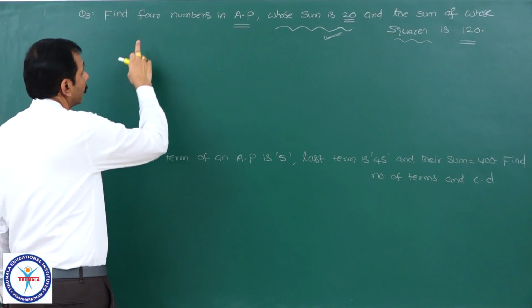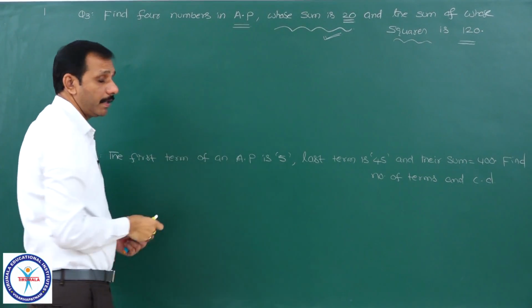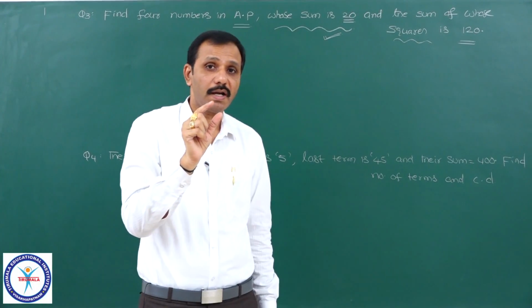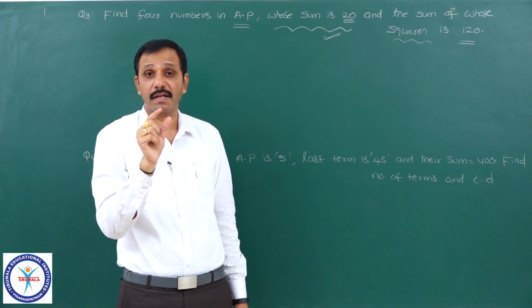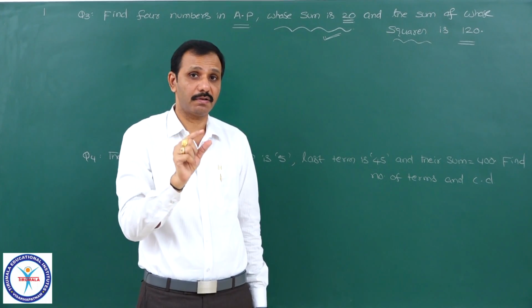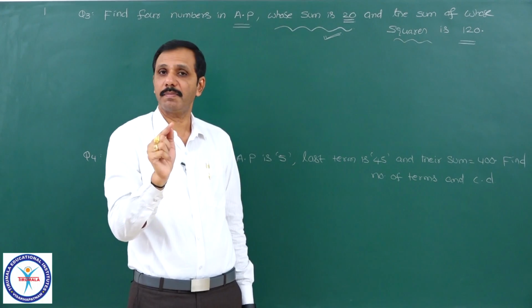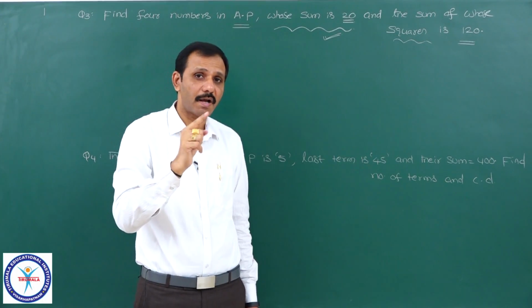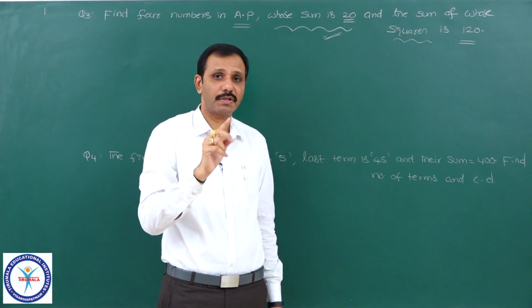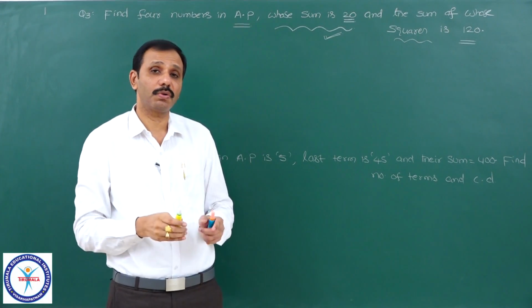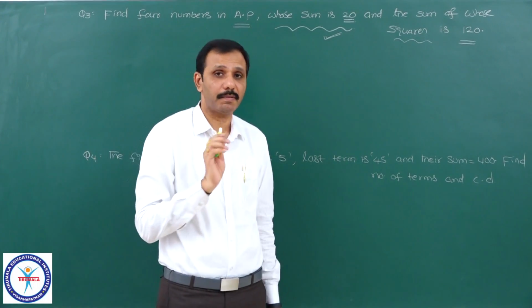See here, 4 numbers in AP means the total number of terms is even. Total number of terms even means conveniently choose the terms. You fix the 2 middle terms as A minus D and A plus D. And what is the common difference of those 2 terms? 2D. Now you add the other 2 terms so that all those 4 are in AP.